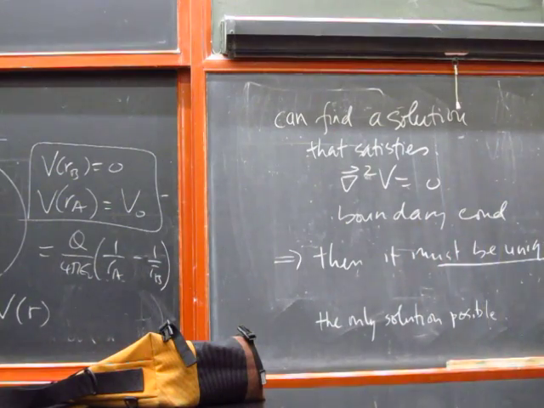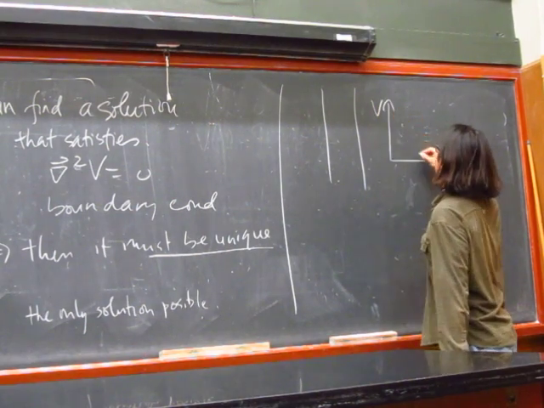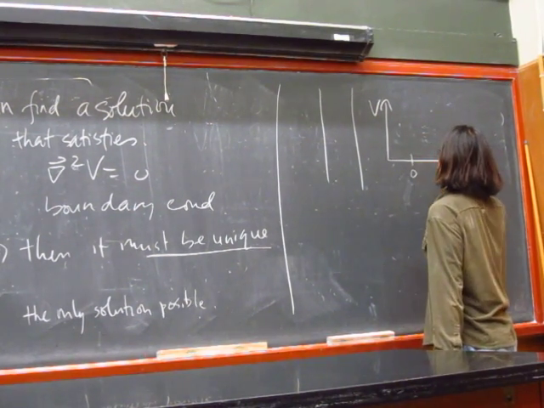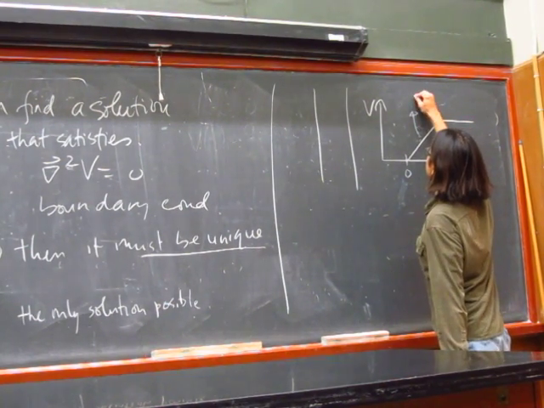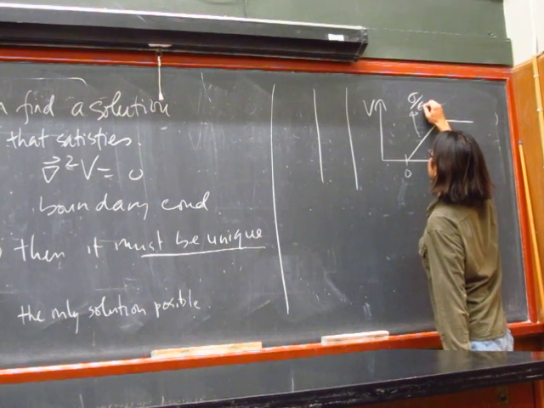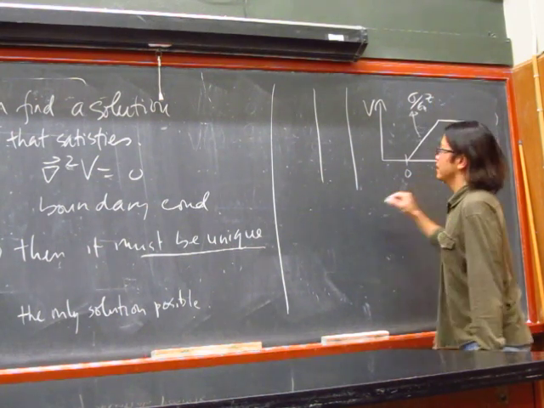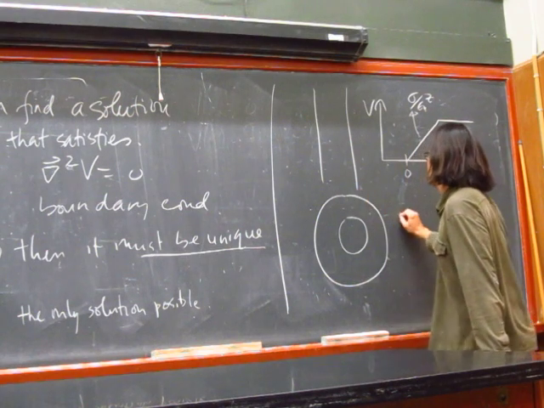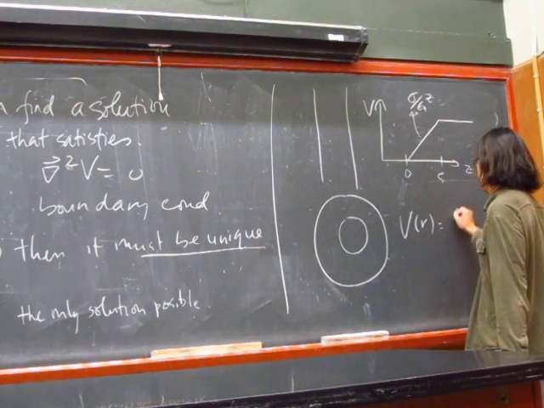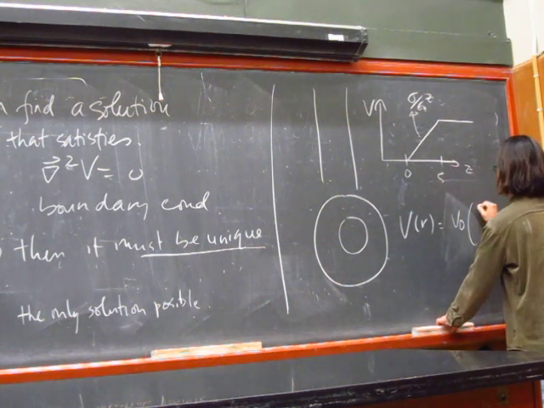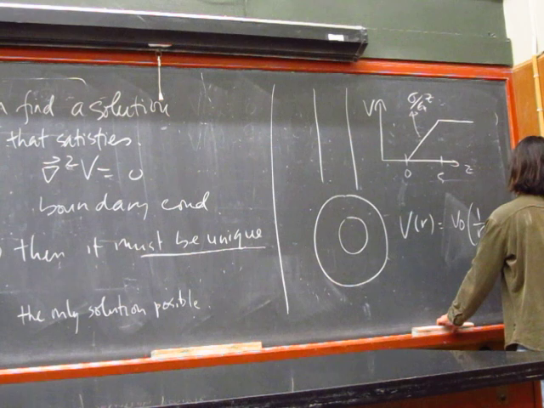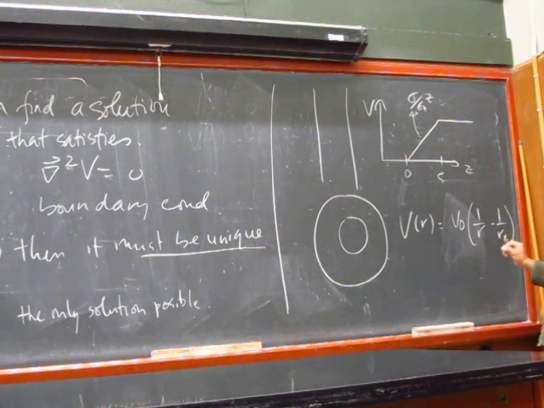For the infinite slab, the potential is 0 for x smaller than 0, linear in between, and constant beyond. And then for the concentric spheres, I'm just rewriting this again and again: Q over 4 pi epsilon naught, 1 over R minus 1 over R. I made a dimensional mistake here.